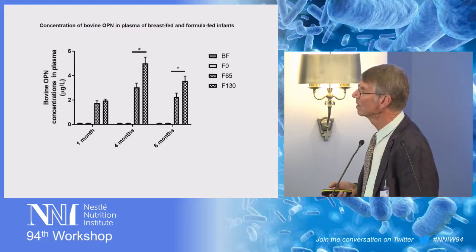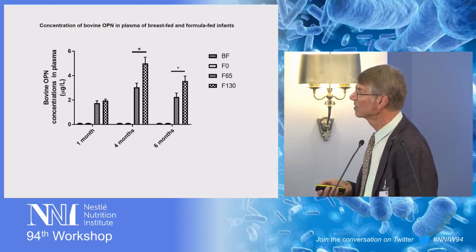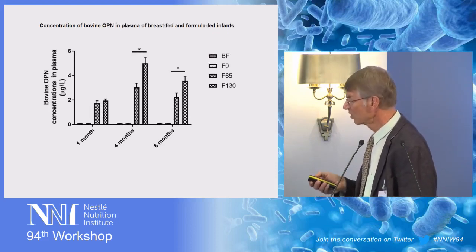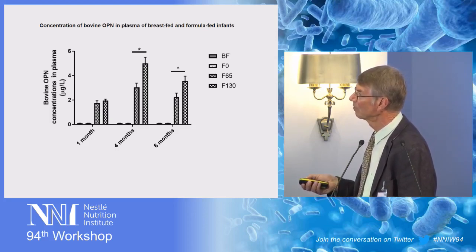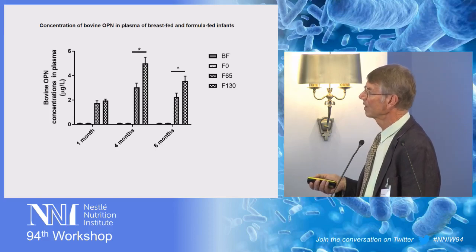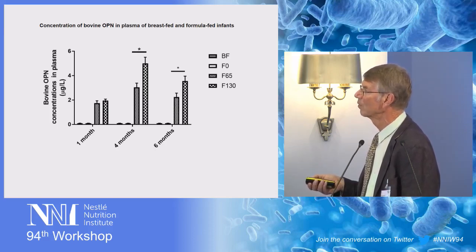And here you can see the analysis of bovine osteopontin in the plasma of these infants. And you can see that at each sampling occasion, there were much higher levels of bovine osteopontin in the plasma when the formula contained bovine osteopontin. Note the scale.